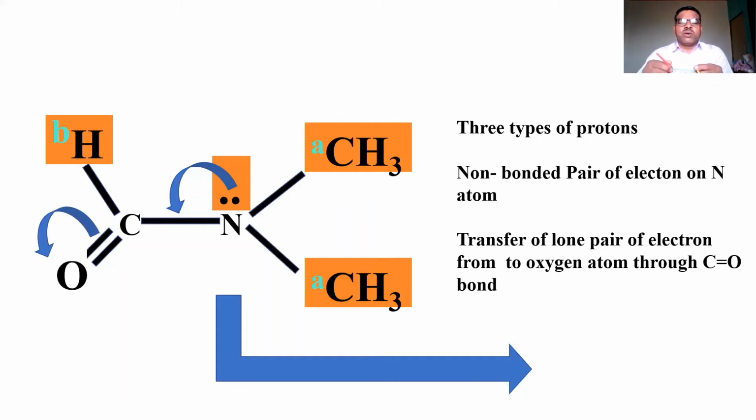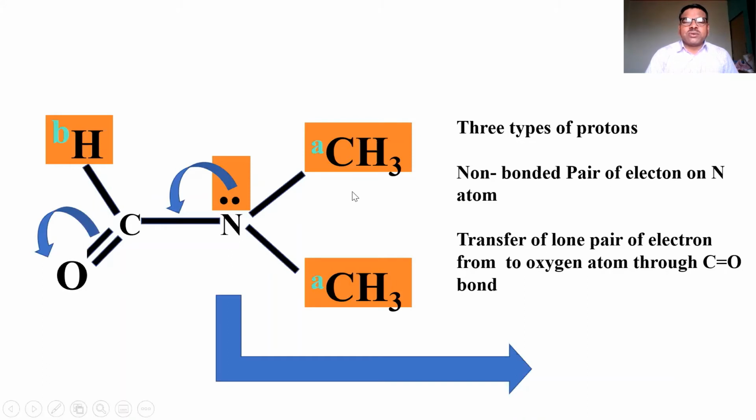Therefore the two methyl groups are of A type, both of A type, because one can have free rotation very well. Now the hydrogen of the carbonyl group is of another type, called B type. So A type methyl groups and B type hydrogen are there, so there are two types of proton in this compound.